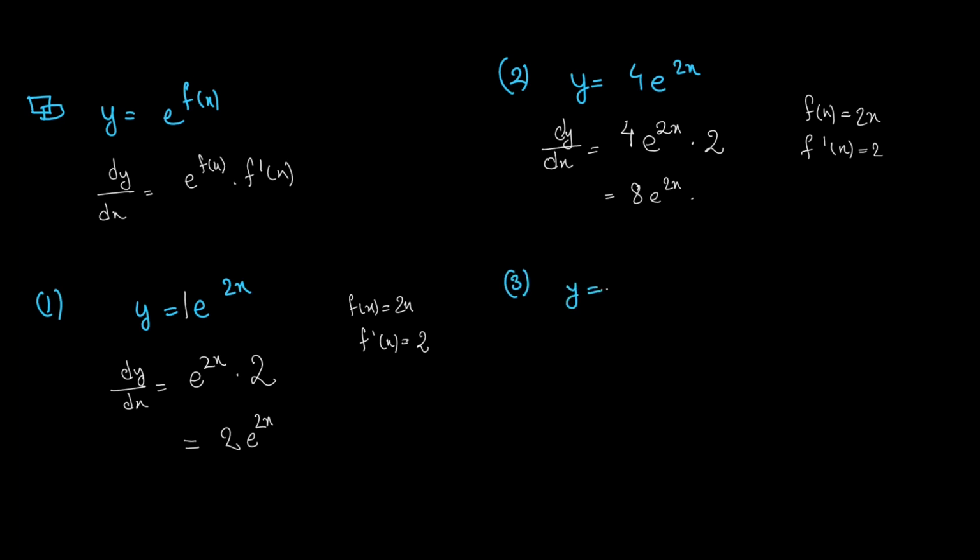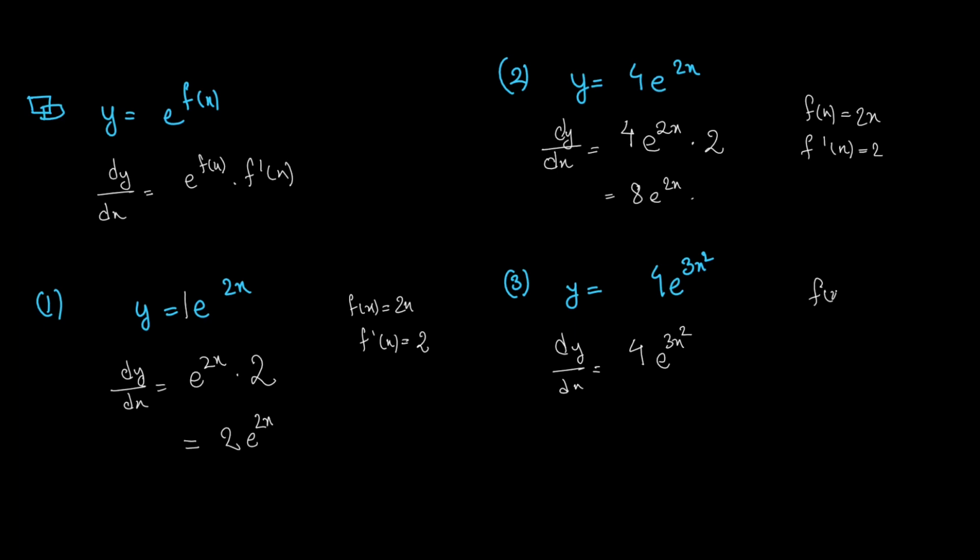Now we have the expression y equals 4e to the power 3x squared. We are asked to differentiate with respect to x. 4 is a constant, so we are writing 4 at the beginning. Now we have e to the power 3x squared. Our first step is to write the exponent expression, which is e to the power 3x squared. So let's write that down. In our second step, we have to differentiate the power of e with respect to x.